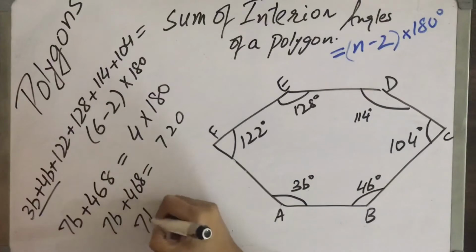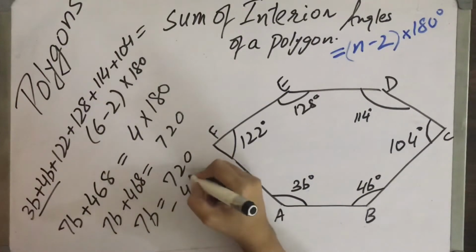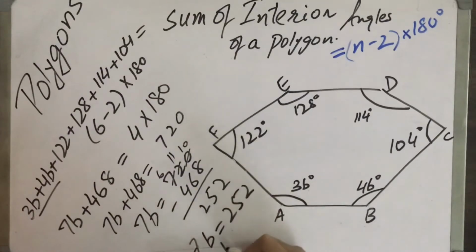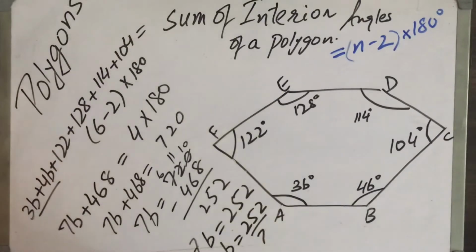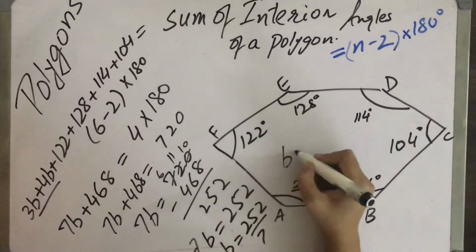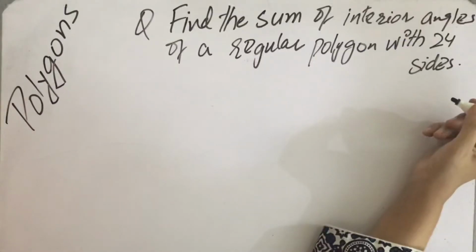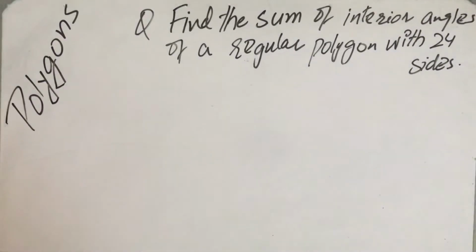When I take this 468 to the other side, I subtract it from 720. 7B will give me 252, and to find the value of B, I divide this 252 by 7, and the value of B is 36.